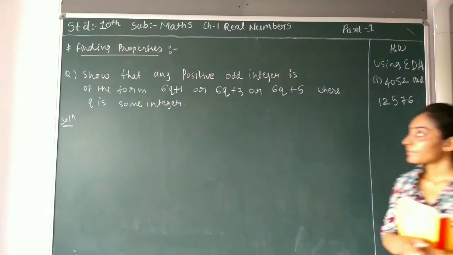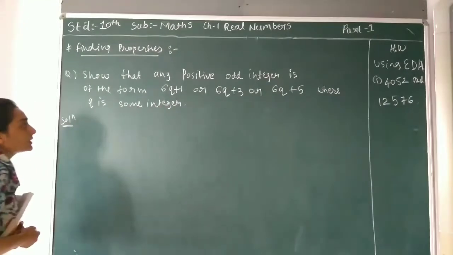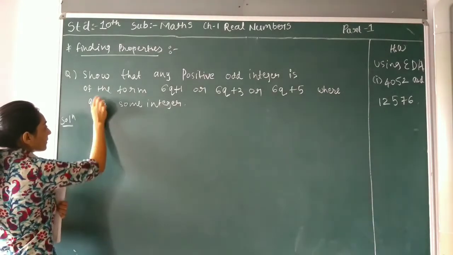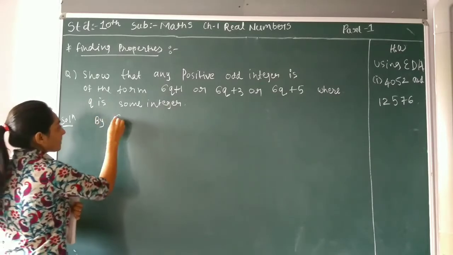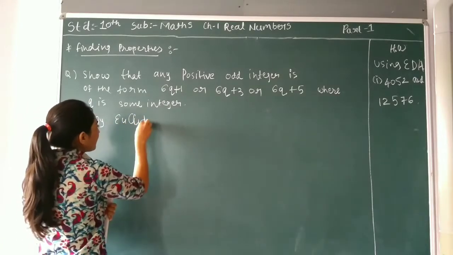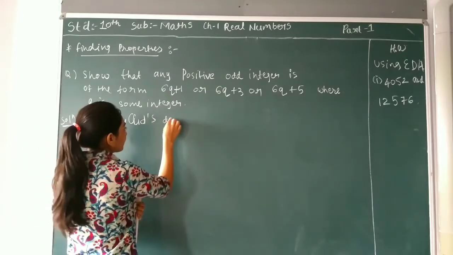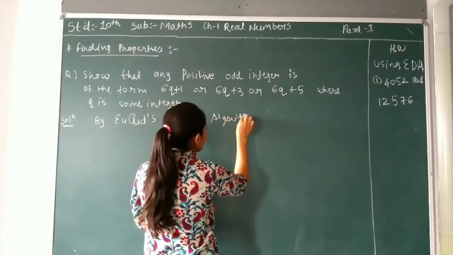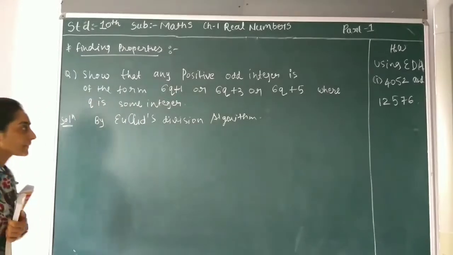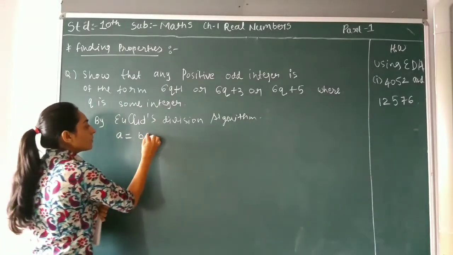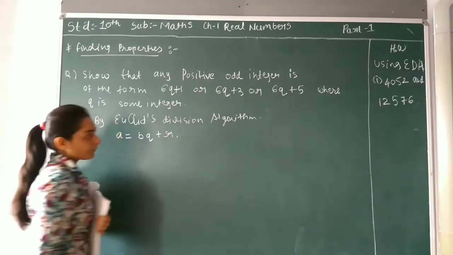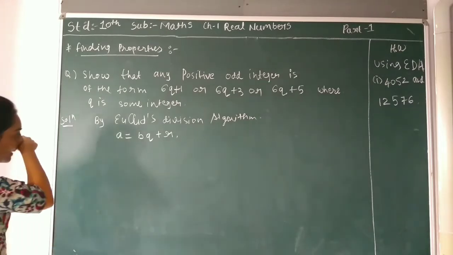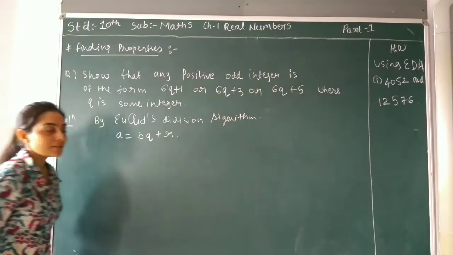Okay. So, solution. By Euclid division algorithm, A equals BQ plus R. So here A is my any positive integer.